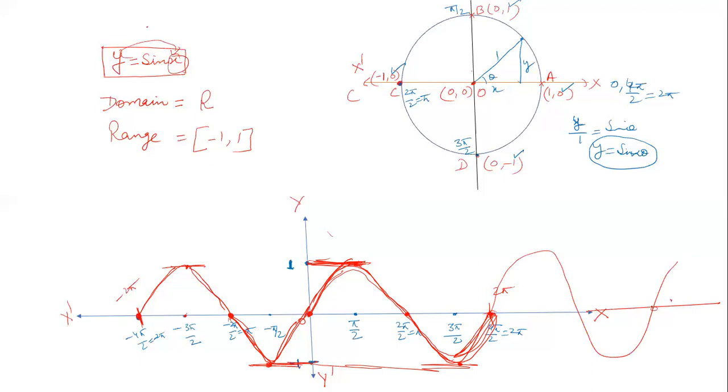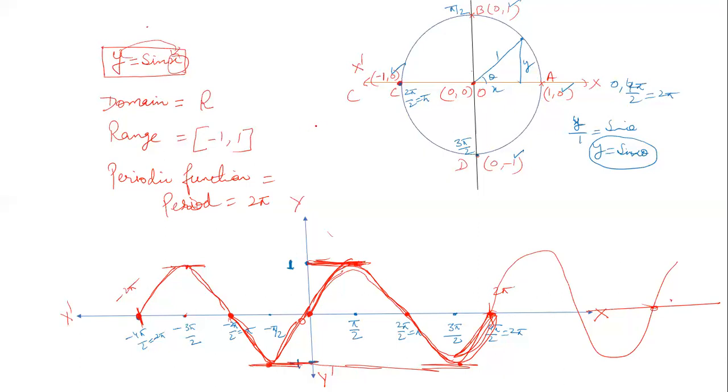So this function is a periodic function whose period is 2 pi.